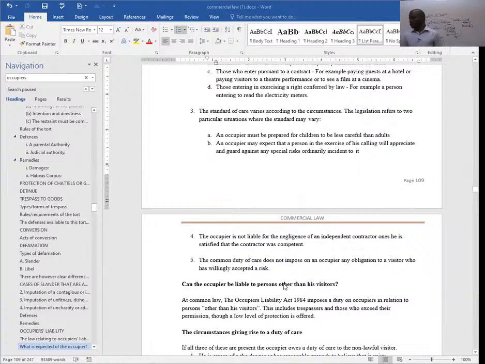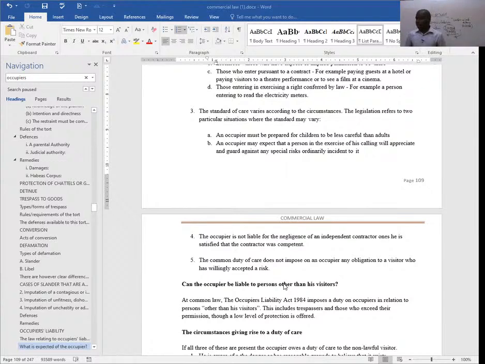The occupier is not liable for the negligence of an independent contractor once he is satisfied that the contractor was competent. So the occupier of the premises cannot be held responsible for accidents or failure of safety measures that arise out of the negligence of an independent contractor.